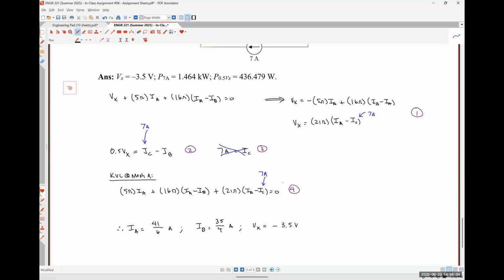Okay, so I'm hopeful that I haven't made any egregious mistakes here because I did get the right answer for VX. Before we talk about solving for powers, did anybody else get similar results when you put this into your calculator?